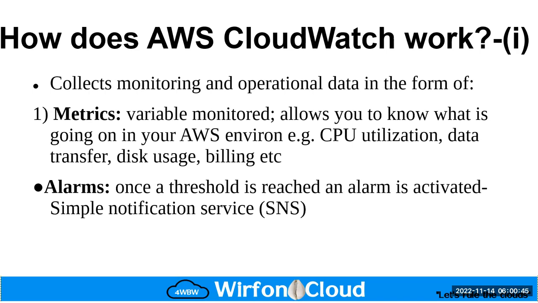So how does CloudWatch work? I mentioned that it collects monitoring and operational data, right? And this it does in the form of metrics. A metric here is a variable that can be monitored, and this metric allows you to know what is happening within your AWS environment.